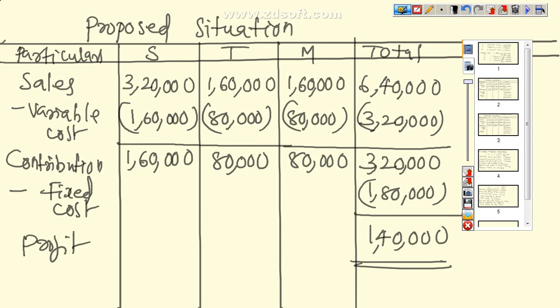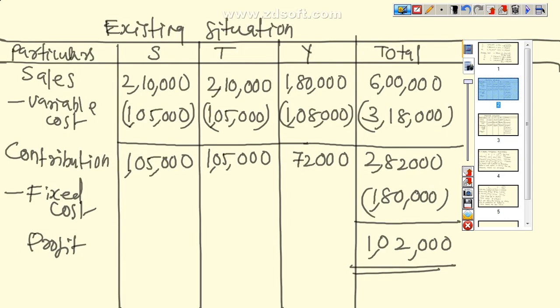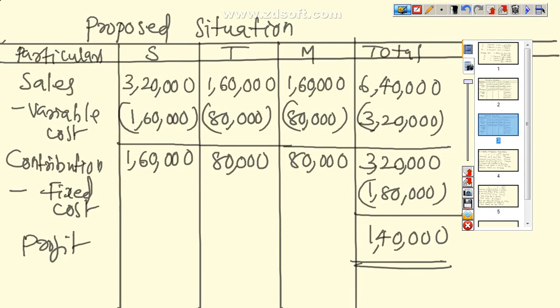So we have to decide based on this. In the existing situation the profit is 1,02,000. In the proposed situation the profit is 1,40,000. So we can recommend the company to accept this proposal.